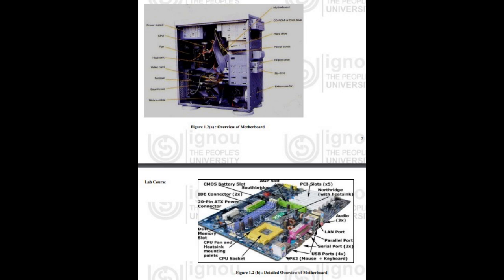A computer system unit contains many parts, as shown in Figure 1.2a and Figure 1.2b. Motherboard. The motherboard is the main circuit board of a computer. It is also known as the main board or system board.